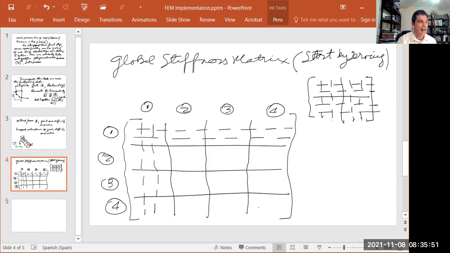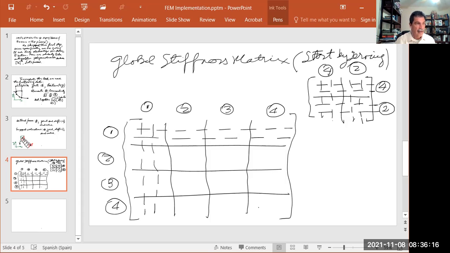Let's suppose that this is between joints 4 and 2. So this is 4 and 2 for some reason. That's your table of connectivity. So joint 4 is the first joint of this element, and the second joint is joint 2.